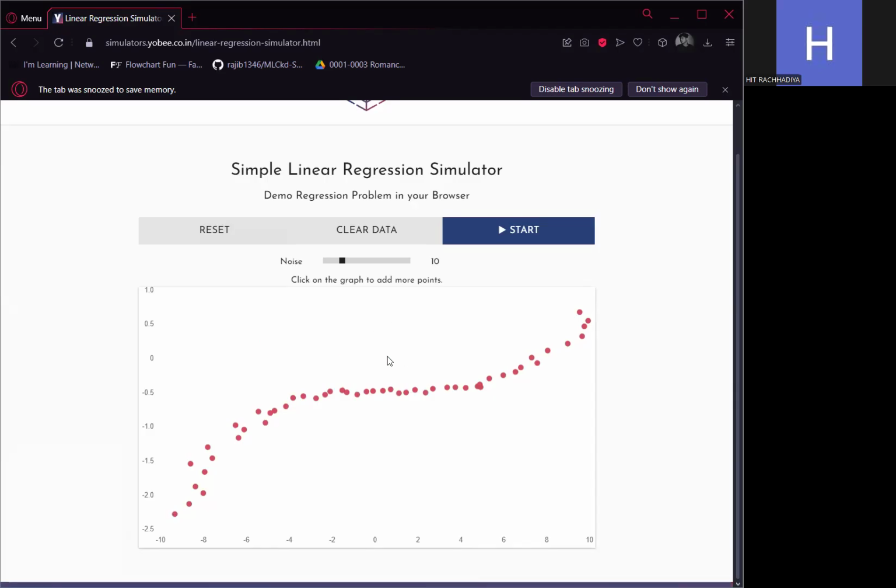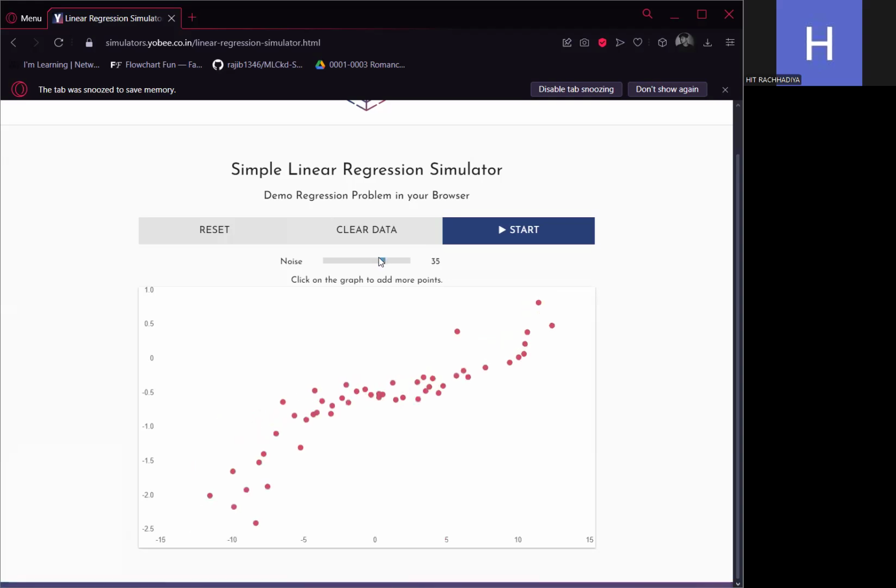In the graph canvas, you can see different values plotted, and this is the noise controller. Noise represents the randomness or error in the data, and increasing the noise will result in less predictable and less smooth data prediction.